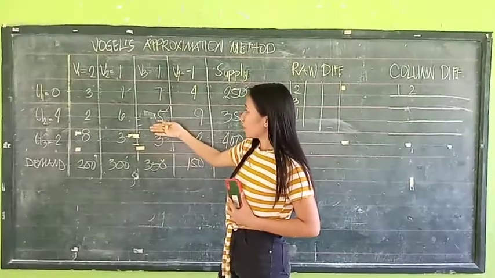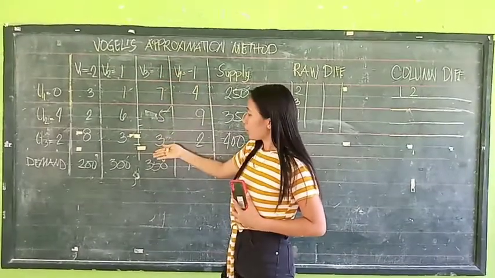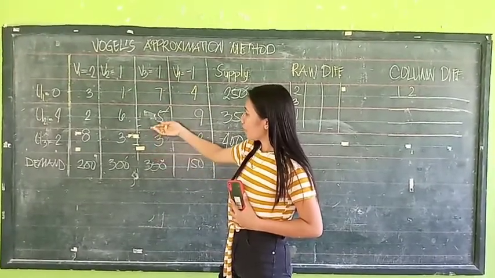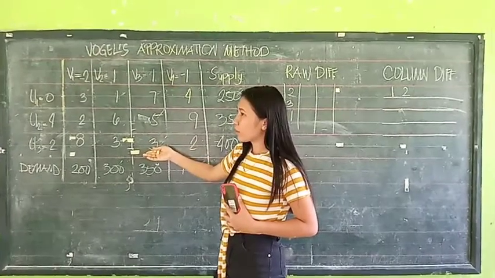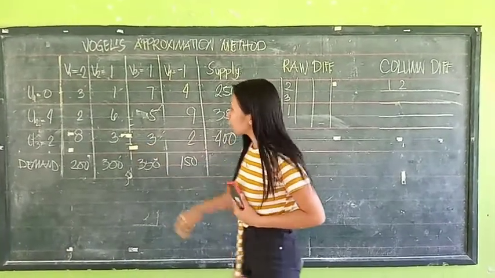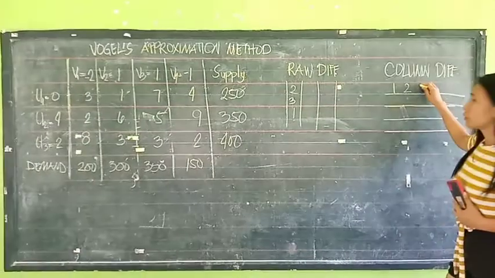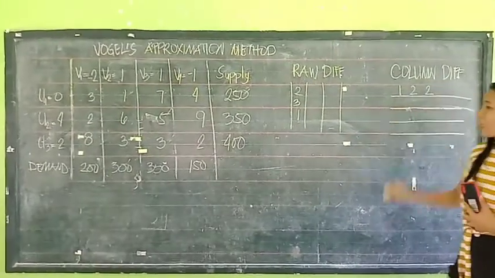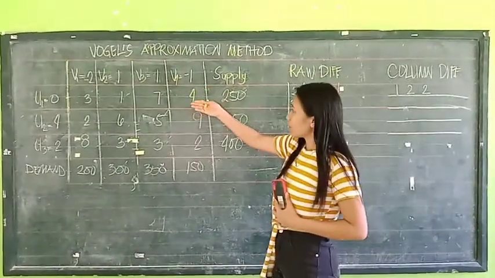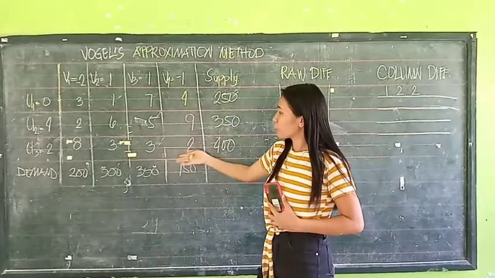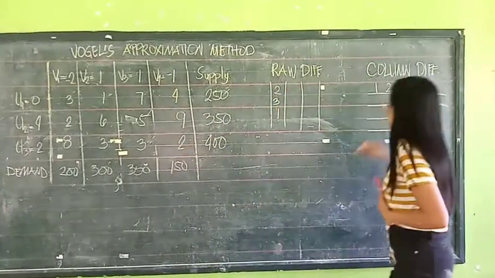And in this column, 5 and 3, the difference of their number is 2. And the last number, the difference of 4 and 2, is 2.